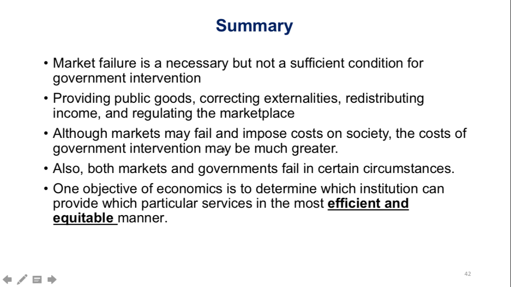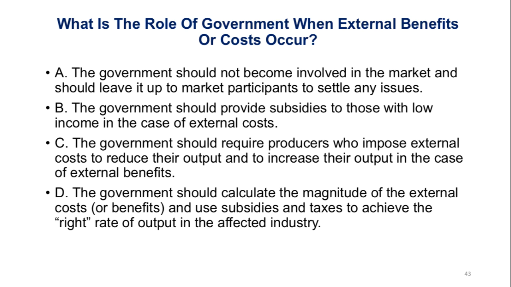Although markets may fail and impose costs on society, the cost of government intervention sometimes may be much greater. Both markets and governments fail in certain circumstances. So one objective of economics is to determine which institution can provide which particular services in the most efficient and equitable manner.